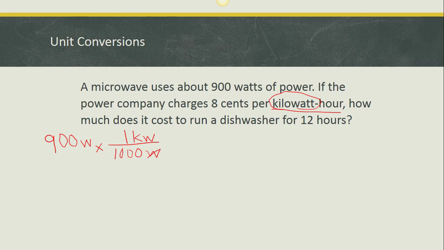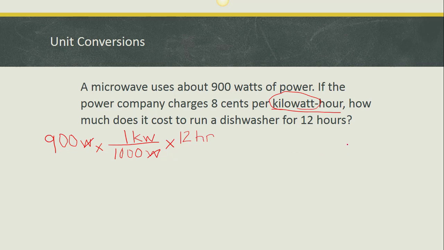Okay, so that's how I cancel this watts with that watts. Now I just have kilowatts, but I want kilowatt hours. So how many hours did I run this? Well, I ran that dishwasher for 12 hours. So I'm going to do times 12 hours. Now I have a kilowatt hour.